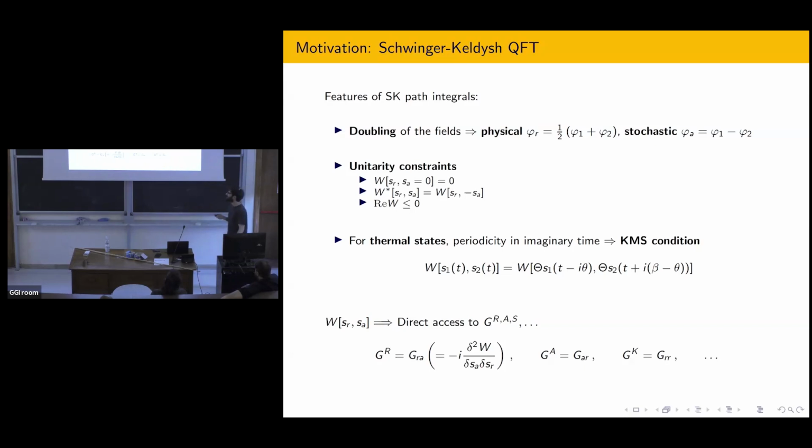Okay, so having this generating functional in terms of the R and A sources, the sum and difference, can give direct access to two-point functions and higher order point functions, for example, the retarded, advanced, and symmetric Green's function, as shown here.